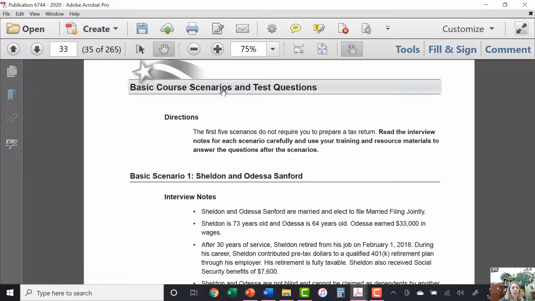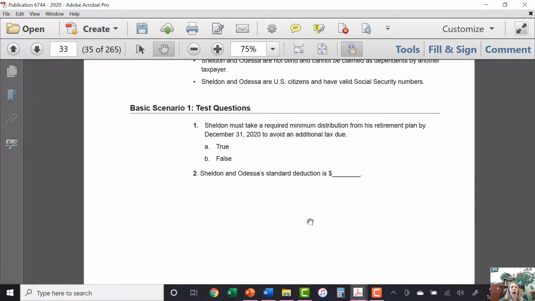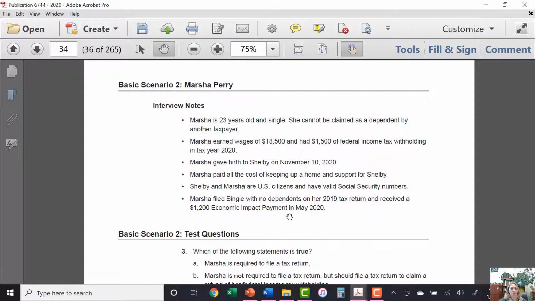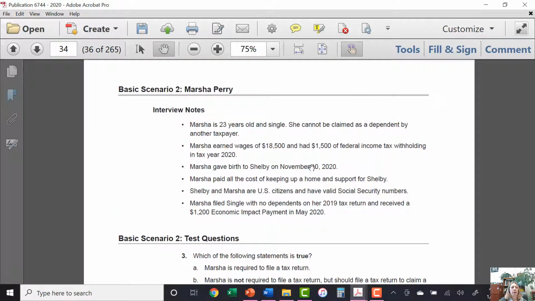The basic exam actually starts on page 33, but like I said, I'm tailoring what questions I answer based on what we're covering in the training video. So I'm not going to cover these ones. I want to cover these ones in basic scenario 2. All right. So basic scenario 2 is about Marsha Perry.